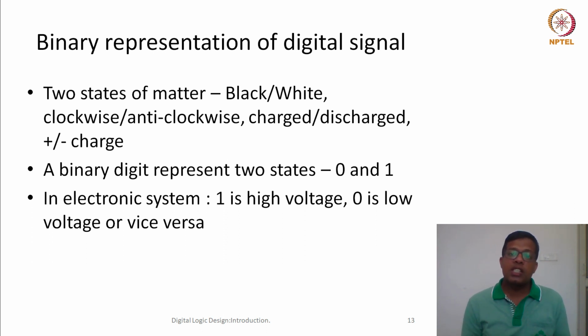Now digital systems are essentially electronic systems, so they talk in terms of voltages or currents. Because of the technology, let's classify them as voltage signals from now onwards.